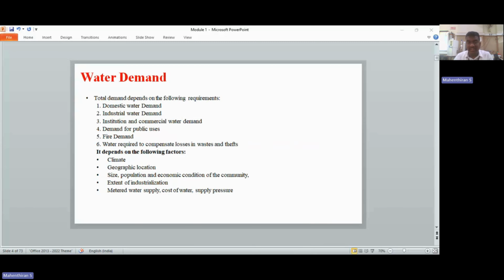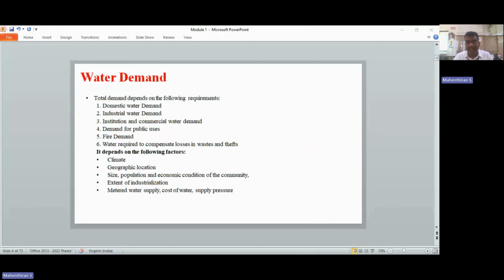The next one is the institutional and commercial demand. This includes water used in schools, colleges, hospitals, offices, hotels, as well as in shopping complexes. These places serve a large number of people, so their water requirement is significant.